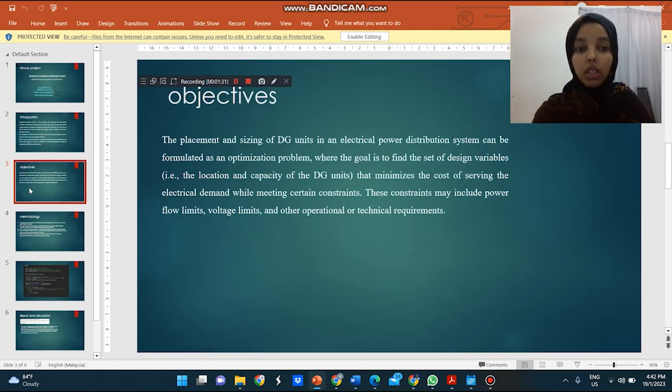The placement and sizing of distributed generation units in an electrical power distribution system can be formulated as an optimization problem, where the goal is to find the set of design variables, such as location and capacity of the DG unit, that minimizes the cost of serving the electrical demand while meeting certain constraints, for example power flow limits, voltage limits, and other operational or technical requirements.